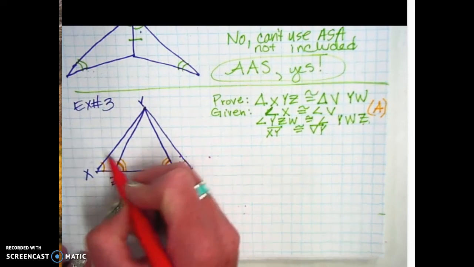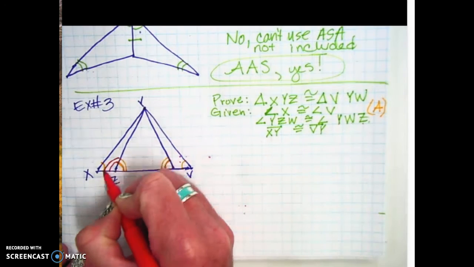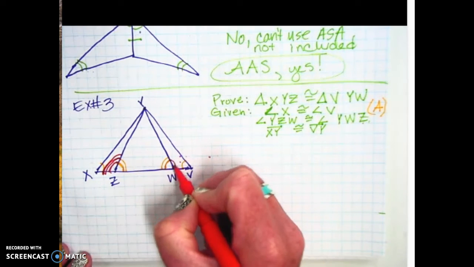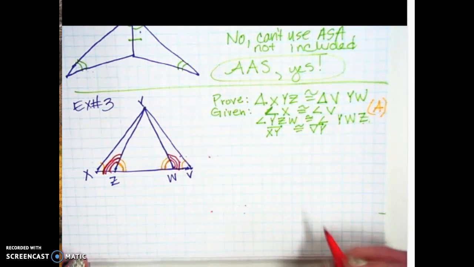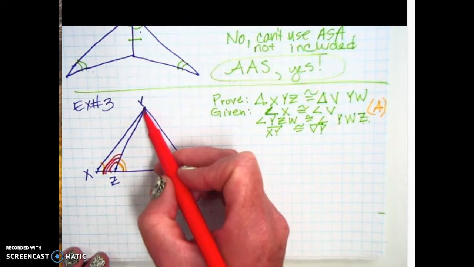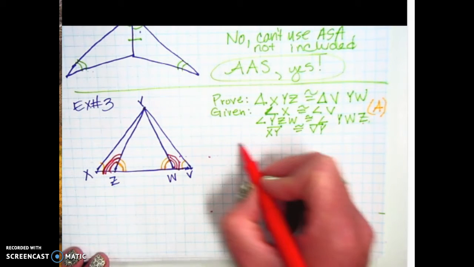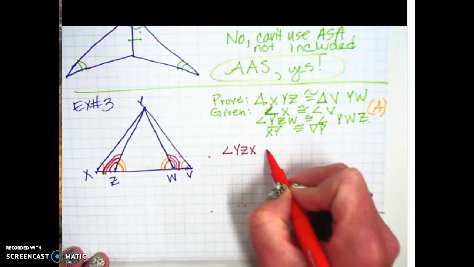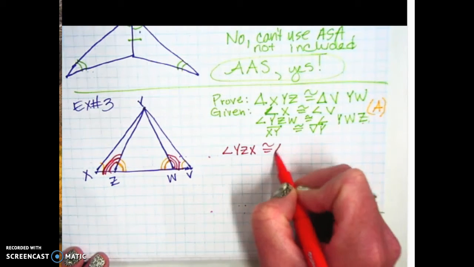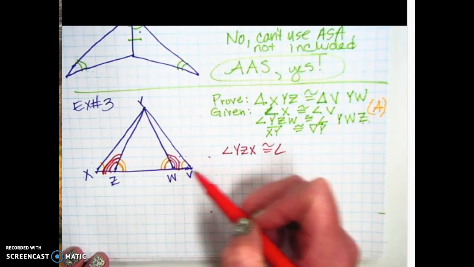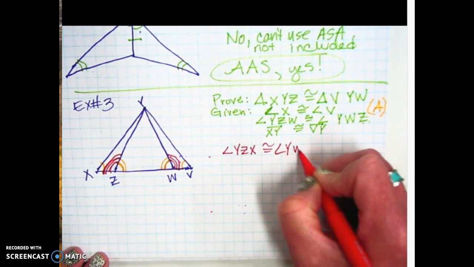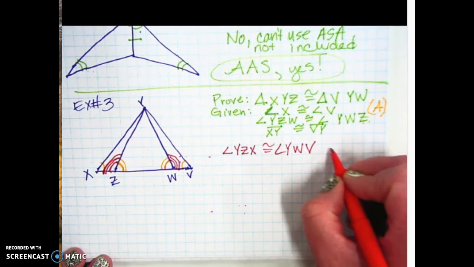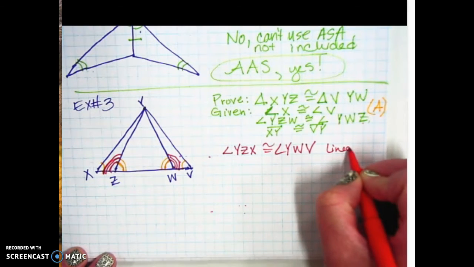If I were to extend these over and make this a triple, and this a triple, then we would say that angle YZX is congruent to angle YWV, because they form what we call a linear pair.